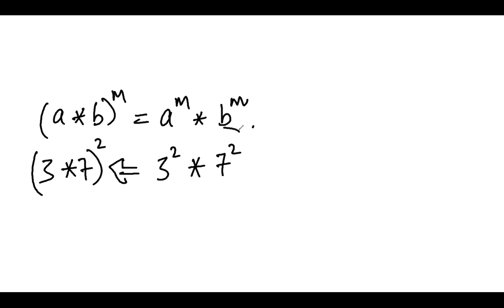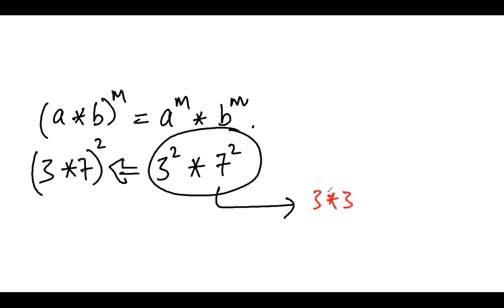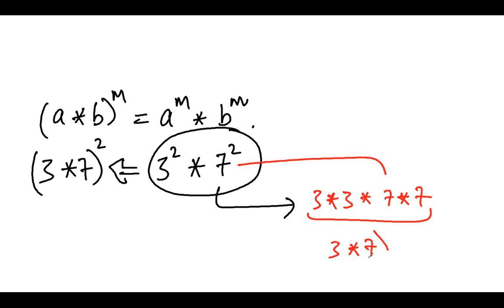Let us check. If I solve this, I get 3 into 3 into 7 into 7, which I can write as 3 into 7 whole power 2. I hope it is obvious. And this is equal to the left hand side.